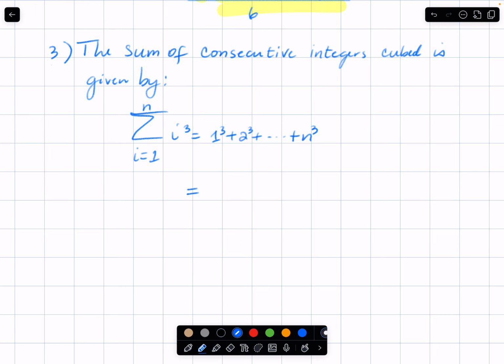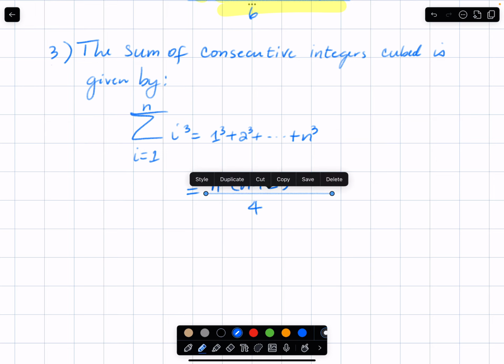And this would be n squared times n plus 1 squared, divided by 4, actually. Let me highlight that as well.